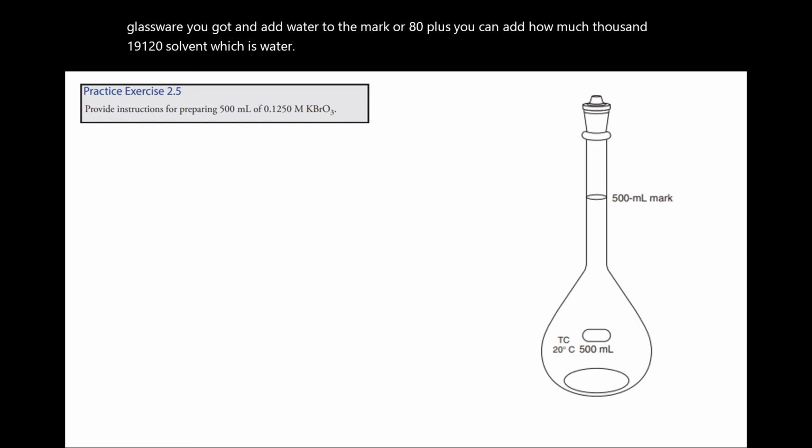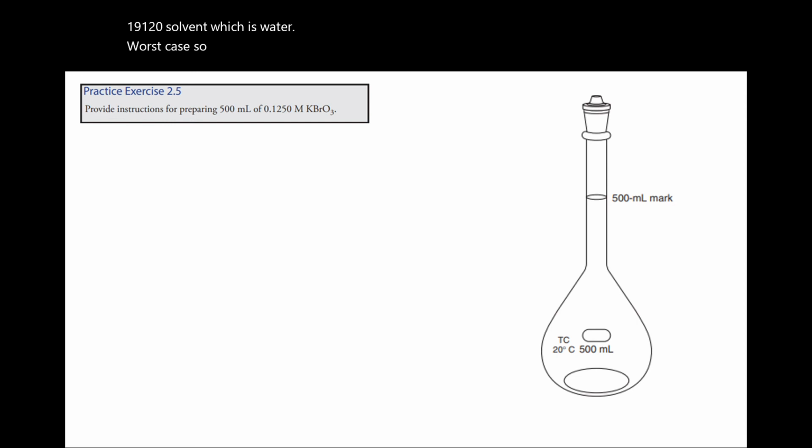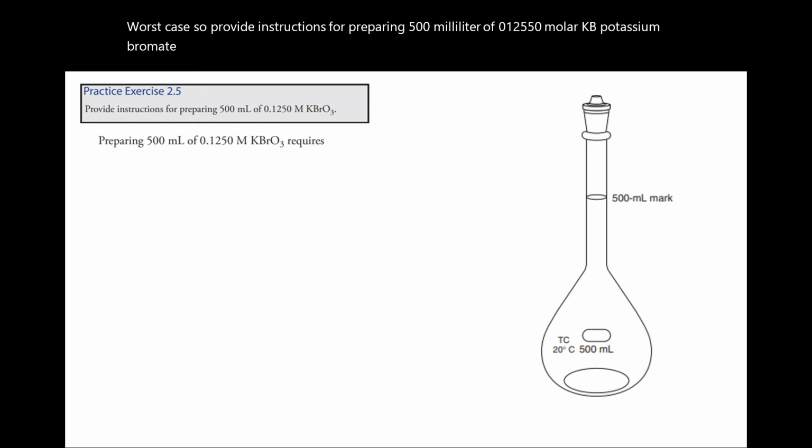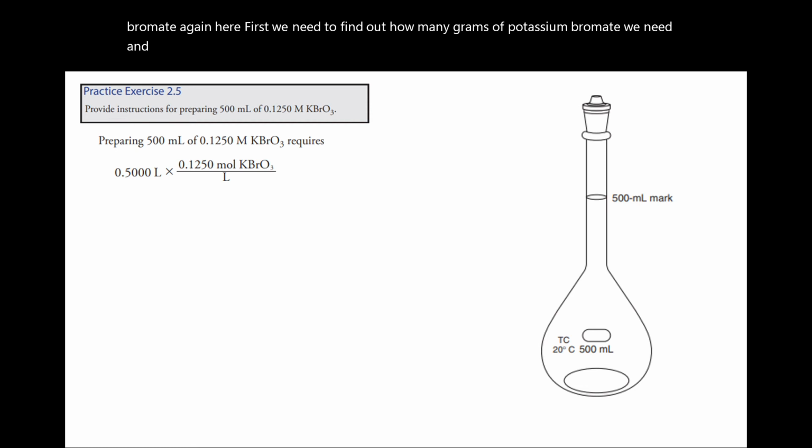So provide instructions for preparing 500 milliliters of 0.1250 molar potassium bromate. Again, here first we need to find out how many grams of potassium bromate we need, and to do that we have to start with the liters, which is 0.5.